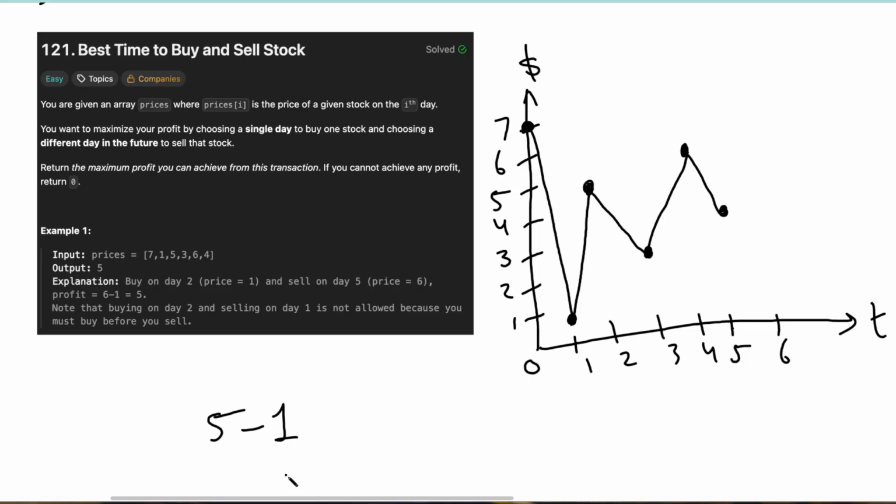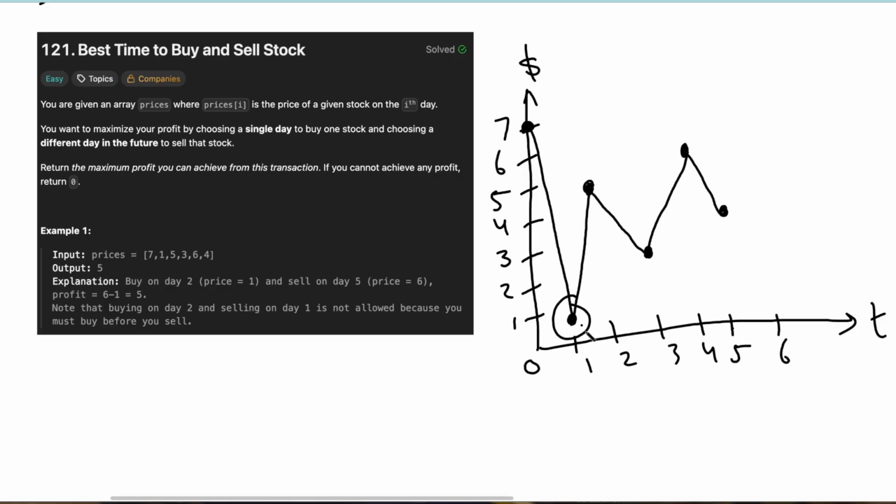Wait, a single day to buy, sorry, I didn't read the question. So we have to just buy and sell at one moment in time. We can only do one buy and then one sell. Okay, so this becomes not too bad, right?